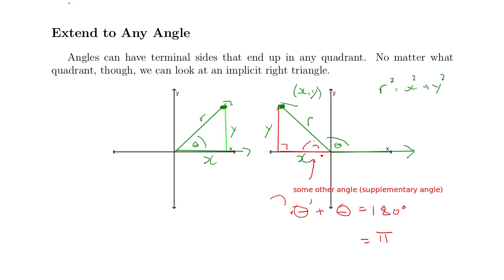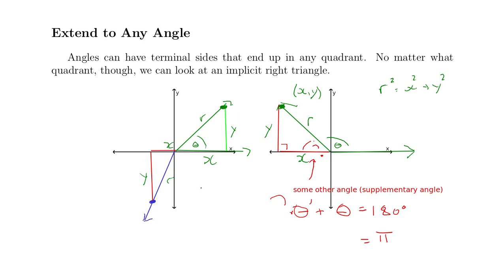And if we did some other blue angle, let's put it down in this quadrant. We could say this blue angle seems to pass through some point here. And if we extend a vertical line, we've got a right triangle. And again, we've got an x value here, a y value here, and a radius here.